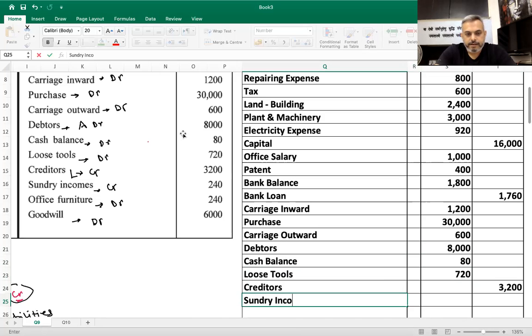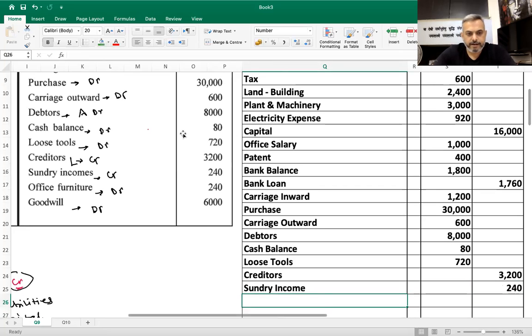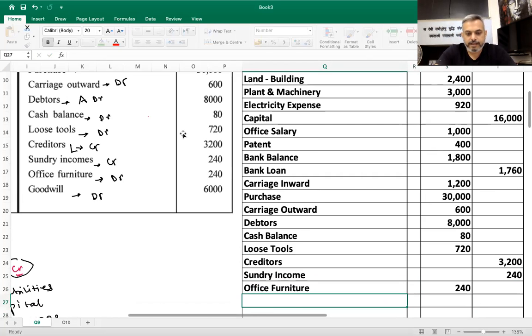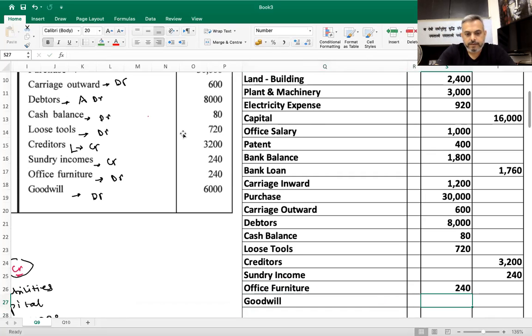Sundry income. It's an income. So credit the income. Okay, that should come in your mind. That's why keep on reciting the golden rules again and again. Okay, office furniture. फर्नीचर है तो हमारा असेट है सो डेबिट साइड 240 एंड गुडविल 6000.